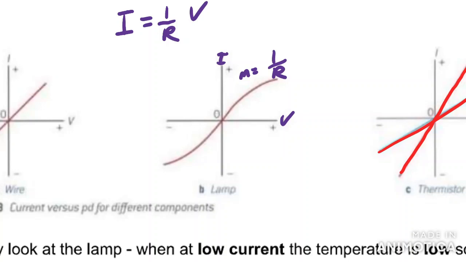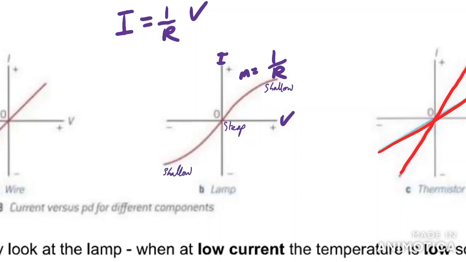And this is the shape you need to know, this sort of shape we've got here. But let's talk about what's going on here with the resistance and figure out if we can understand why. So here we've got steep, not steep, and shallow.